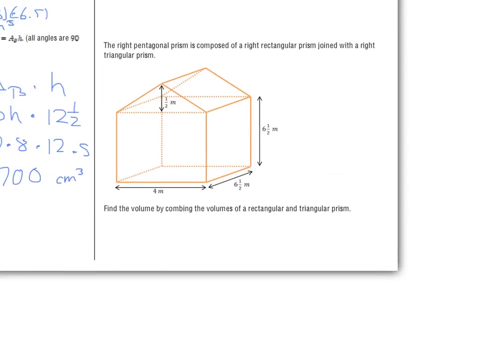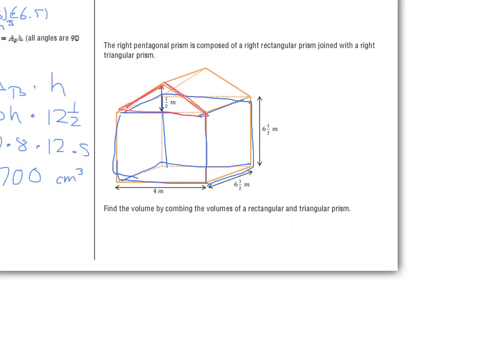So really it's saying that the volume here is whatever it would take to fill this box here on the bottom, plus whatever it would take to fill the triangular prism here on top.